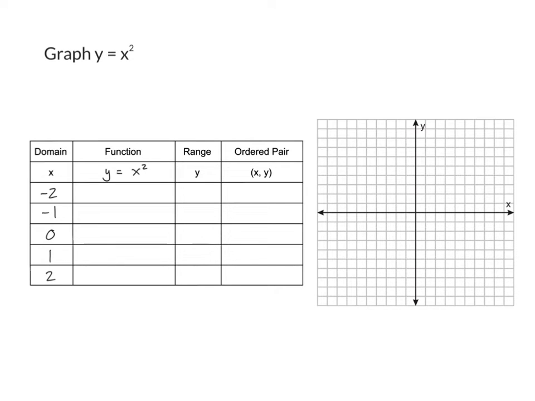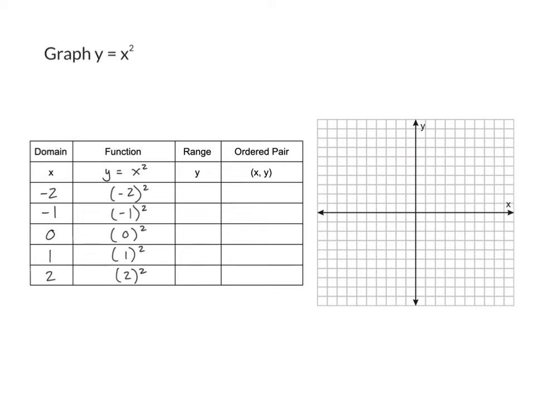In the function column, we'll write our domain with the function. So we're just substituting in the domain for x. We have -2 squared all the way through 2 squared. So what is the range?